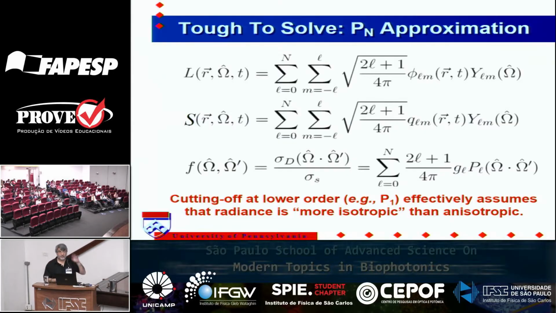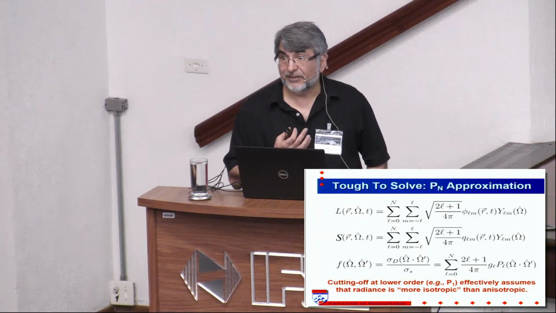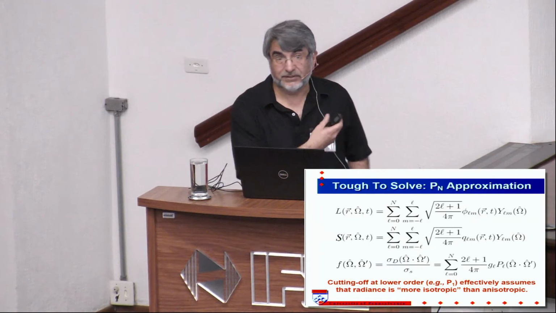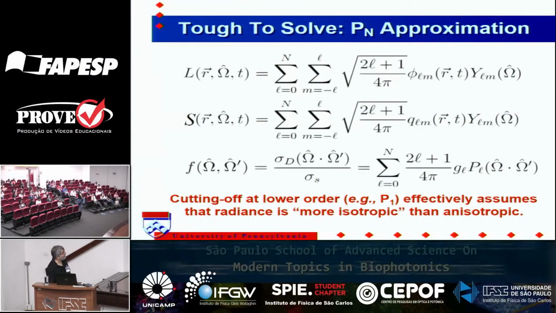So to solve the transport equation, again, I'm not going to solve it for you. I just want to give you the signposts. That way, hopefully, you can also see, if you're in a regime when you're doing an experiment, and we'll talk about this, where diffusion may not work that well, what you have to do. But anyway, the way you solve this is you essentially expand all your variables in spherical harmonics. This is something you know about if you're doing a lot of electromagnetic problems in physics.